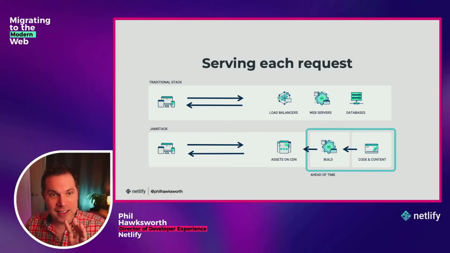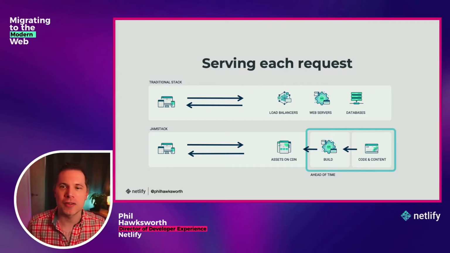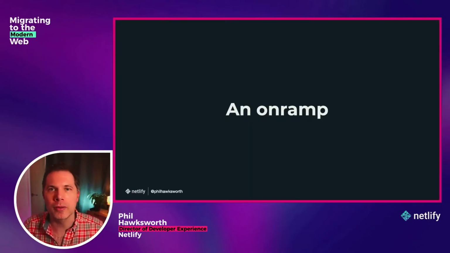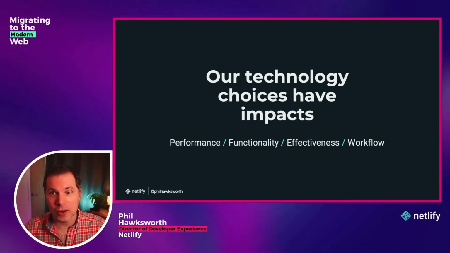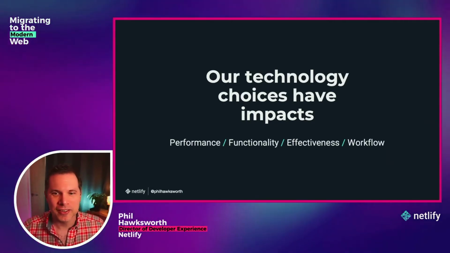And so I talk about that because I wanted to set context for this on-ramp. How do we move from our traditional way of building sites and maybe the infrastructure we have around us at work or with our clients to a Jamstack model and a Jamstack architecture? Well, I want to recognize that our technology choices have impacts, right?